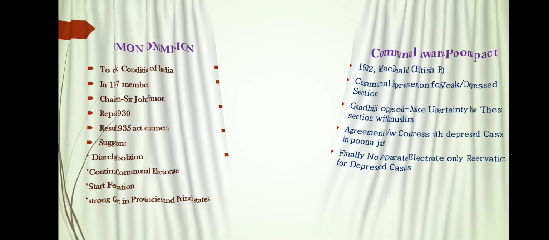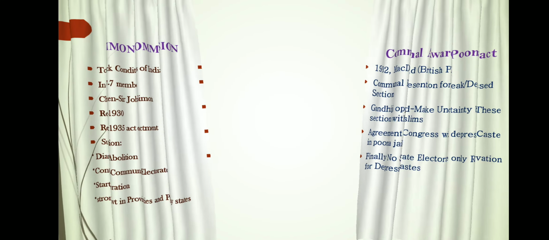So the next one is the Government of India Act of 1935. The act marked the second milestone towards completely responsible government in India. It was a lengthy and detailed document having 321 sections and 10 schedules.